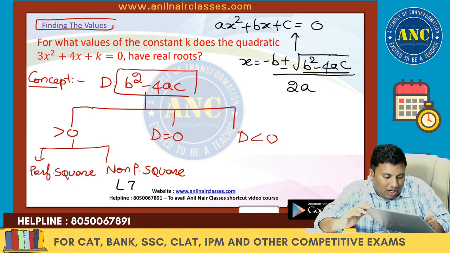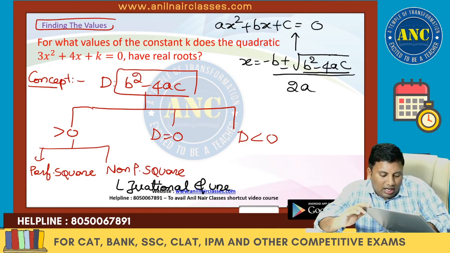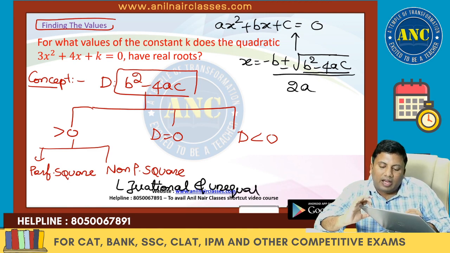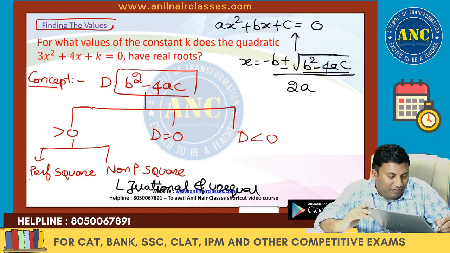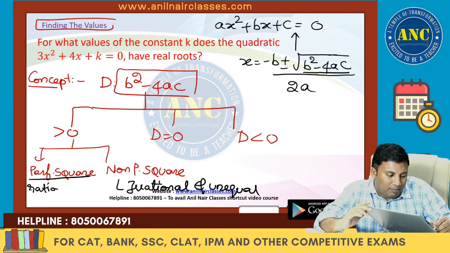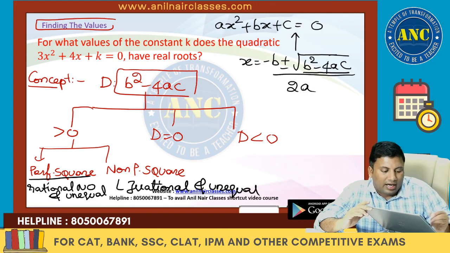If it is a non-perfect square, I will get irrational and unequal roots. Obviously, it will be irrational because root 13 is irrational, root 15 is irrational. If it is a perfect square, it will result in a rational number, and unequal.